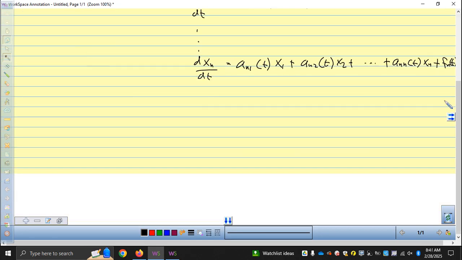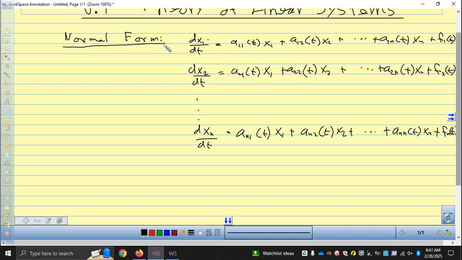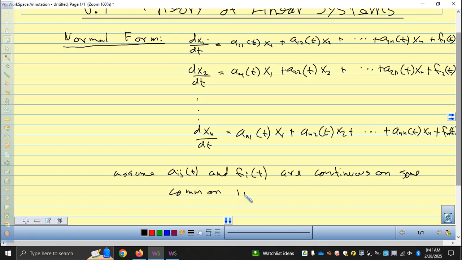And we usually just call this a linear system. And we're assuming that the a sub ij of t and f sub i of t are continuous on some common interval. In the system that I just described with Newton's law of cooling, we would have just two derivatives for the two tanks, and we'd have two terms here.